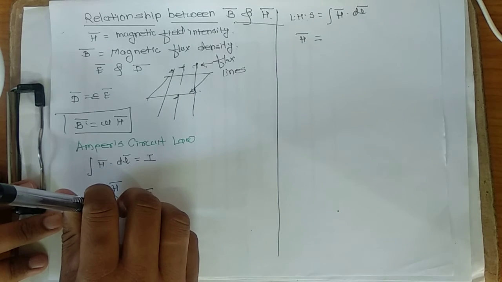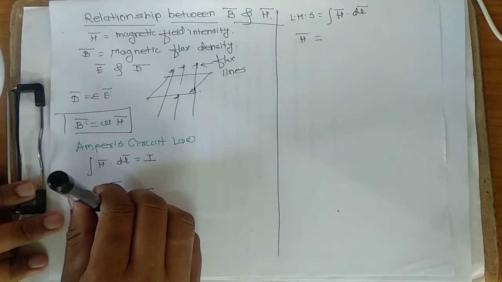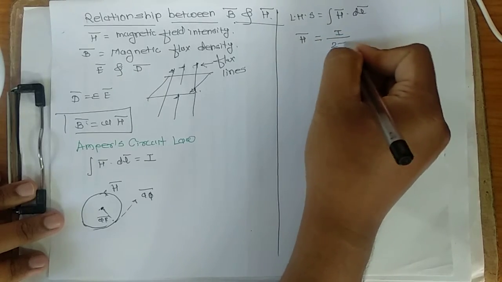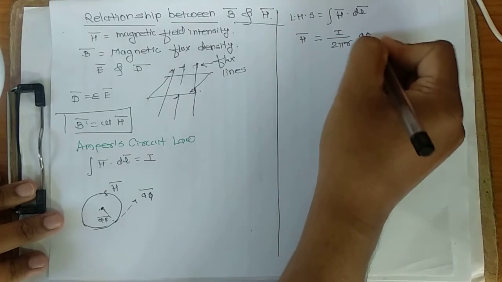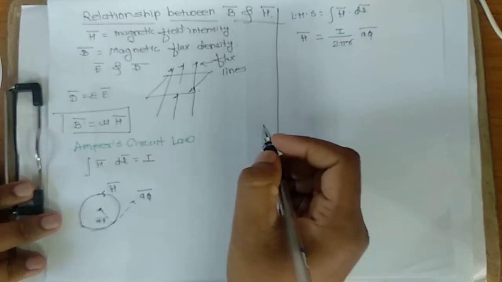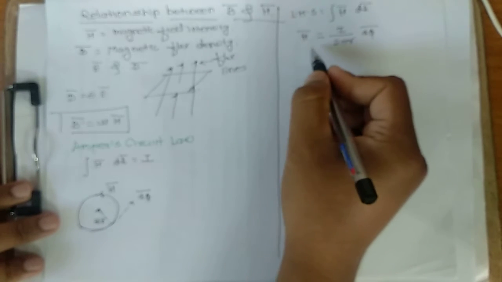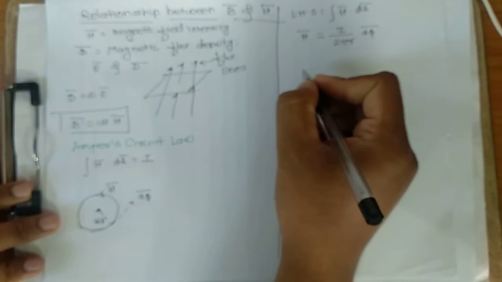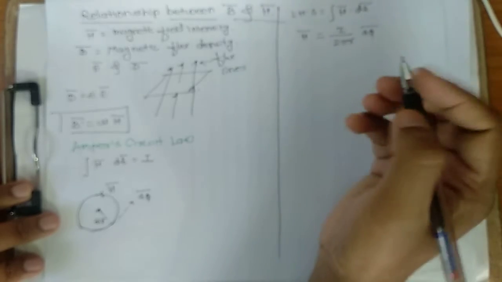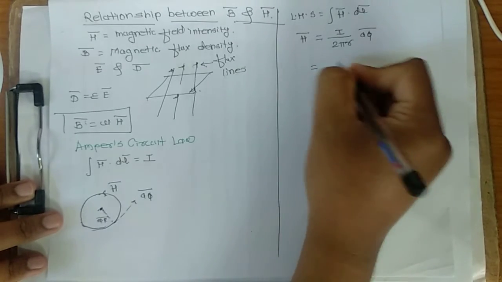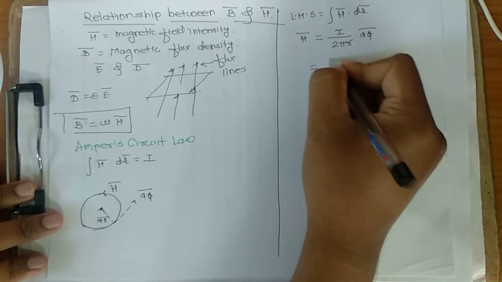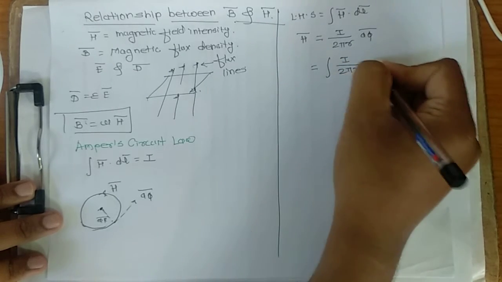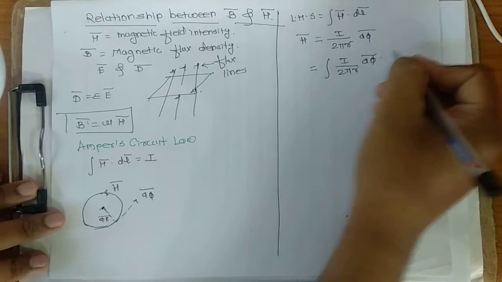H bar is equal to I divided by 2 pi r a phi bar. This derivation we have already studied, you can go through the videos. So that is the H bar we have got. Again I will write here: I divided by 2 pi r a phi bar dot dl bar.